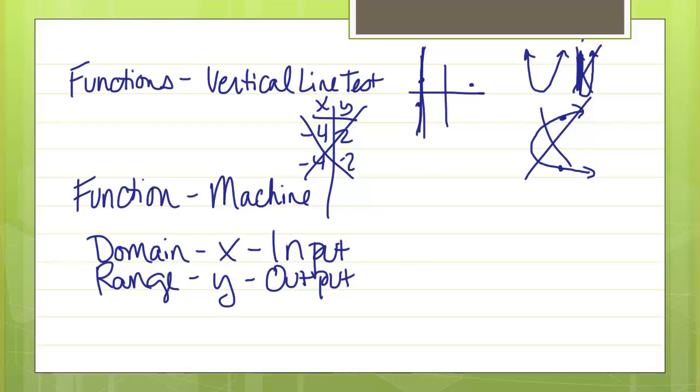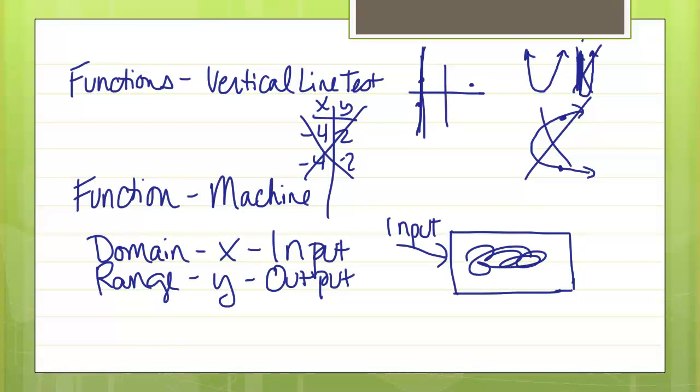But I want you to think about a function as a box, as a machine, as an oven, as a computer, as whatever kind of machine that you want to think of, that you put stuff into. It does stuff and something comes out.